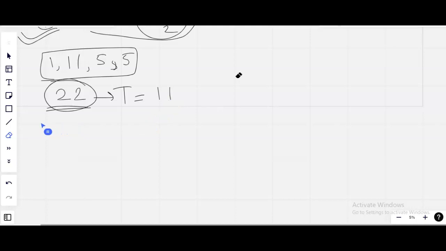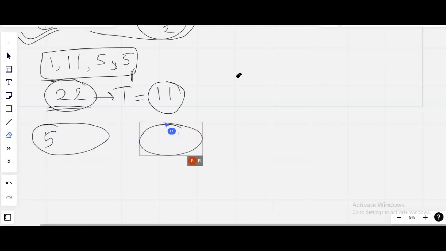Now let us traverse our array. If we are at this position, then we have target sum 11 and the current element is 5. Then we have two choices, either to include our 5 in our partition or not include it.